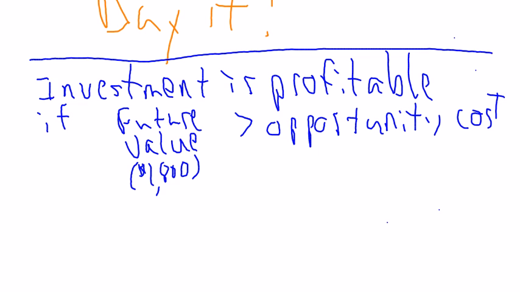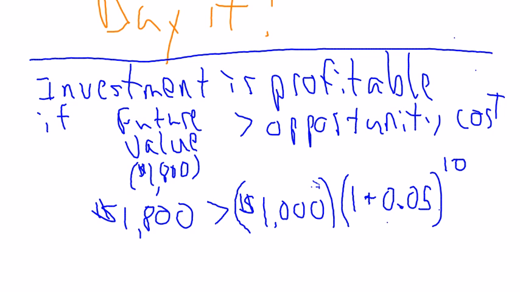Let me give you a slightly different way of looking at this problem. We say this investment is profitable if the future value, its value in 10 years, is greater than the opportunity cost. And in our case it was profitable because $1,800 was greater than this expression.